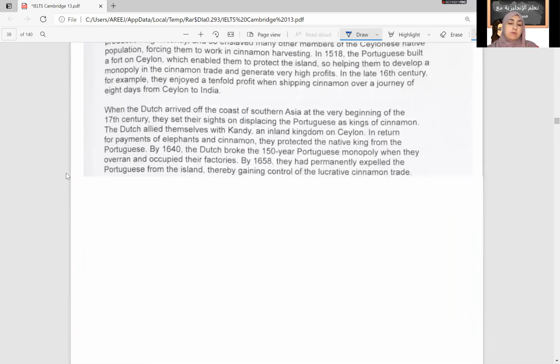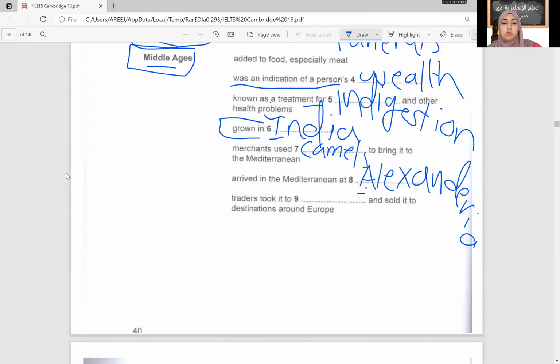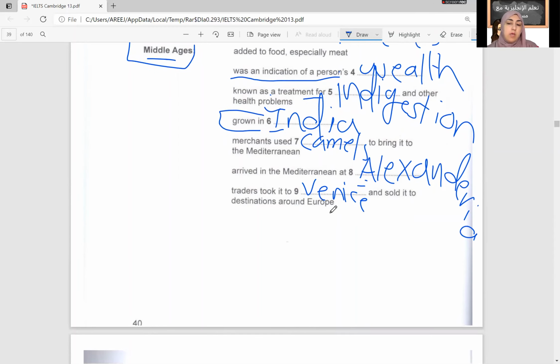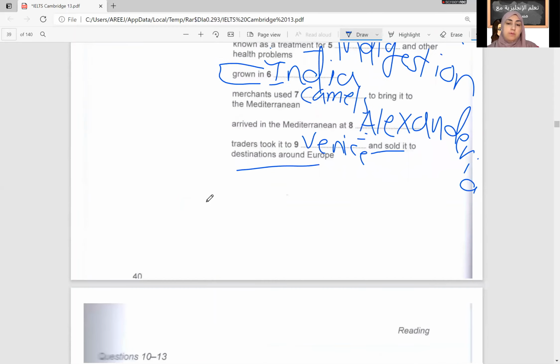So the city is Venice, or the place is Venice. So the traders took it to Venice and sold it to destinations around Europe. Now, how do I make sure it is Venice? Look at what comes next: and sold it to the destinations around Europe.